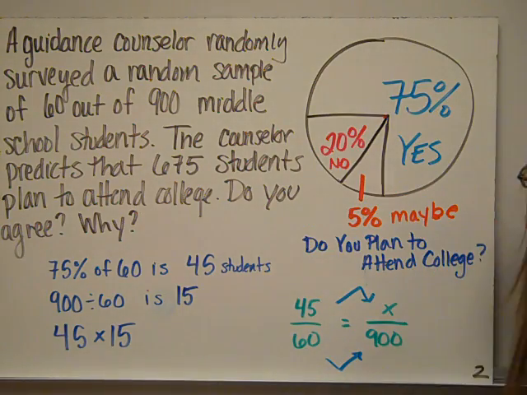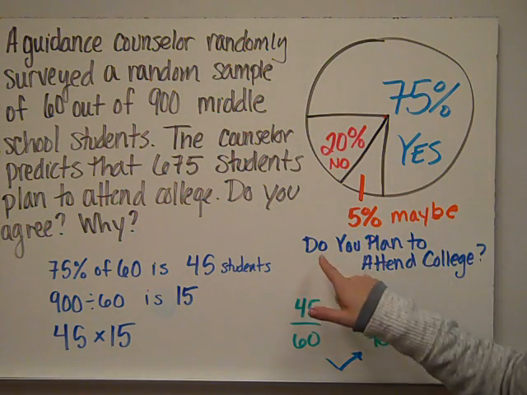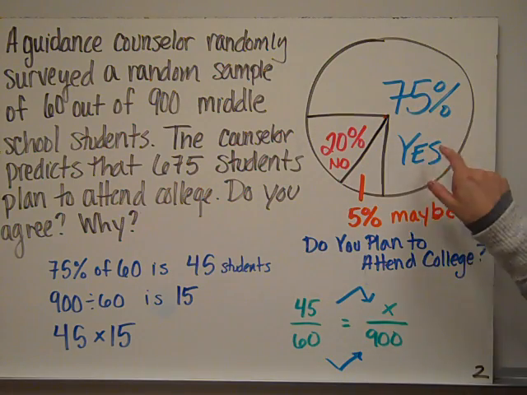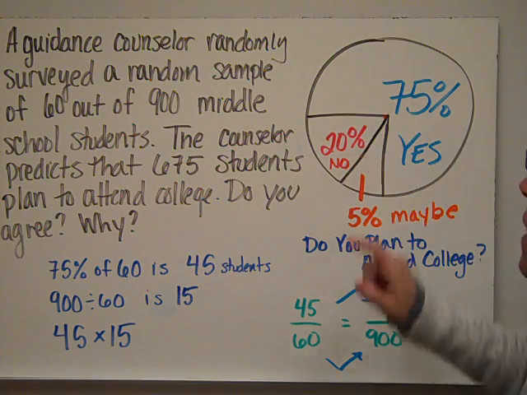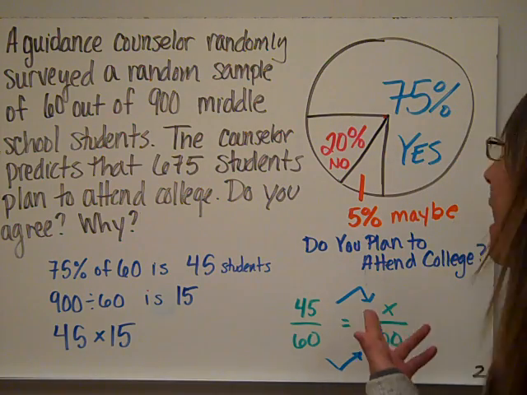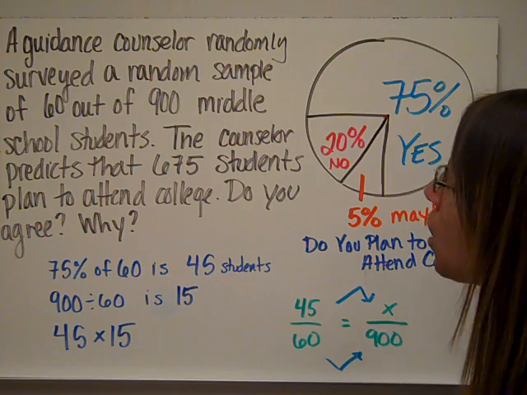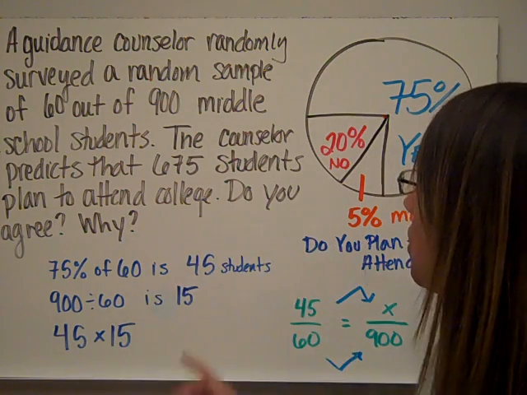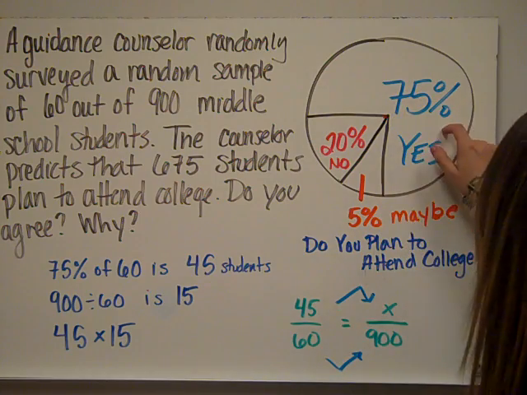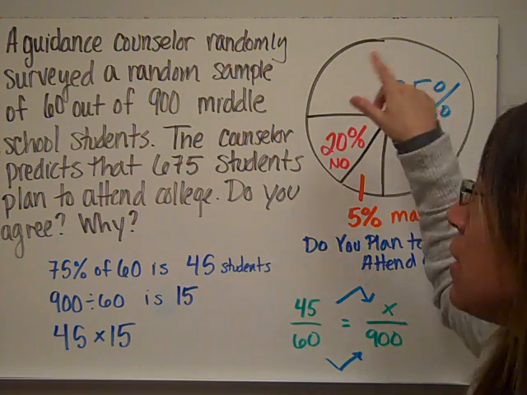In our pie chart, we will notice that the question being asked is, do you plan to attend college? 75% of the students said yes, 20% responded no, and 5% were unsure, and so they answered with maybe. But we're talking here about students who plan to attend college, so we're working with the 75% of the total.